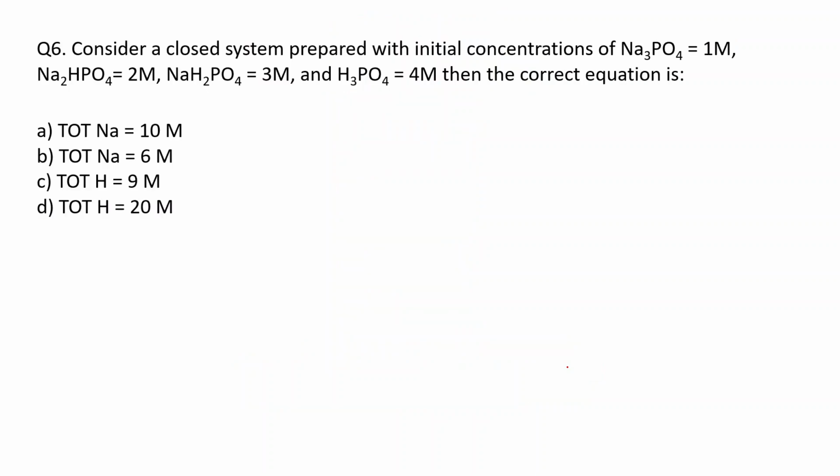We'll see the next question. Question number 6 is, consider a closed system prepared with initial concentration of Na3PO4 1 molar, Na2HPO4 2 molar, NaH2PO4 3 molar, and H3PO4 of 4 molar.